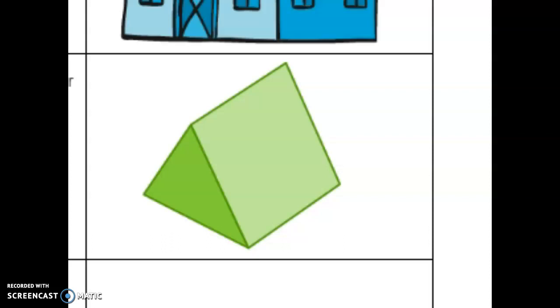A prism is made of three rectangles joined by triangular bases. These are the two bases, the one here in front and the one at the back, the one that you can't see from here. These two bases are parallel to each other and they are joined by the rectangular faces.